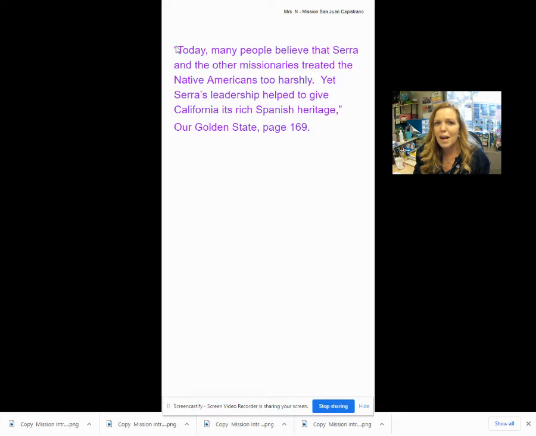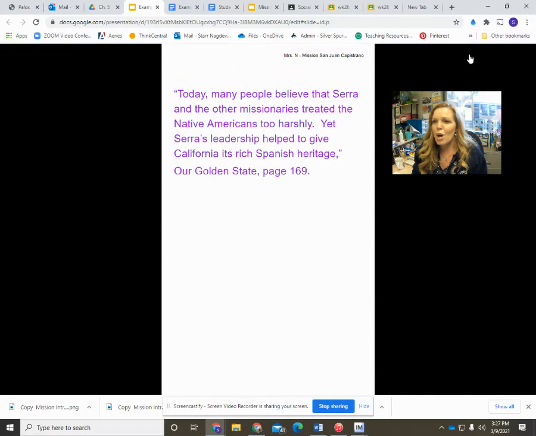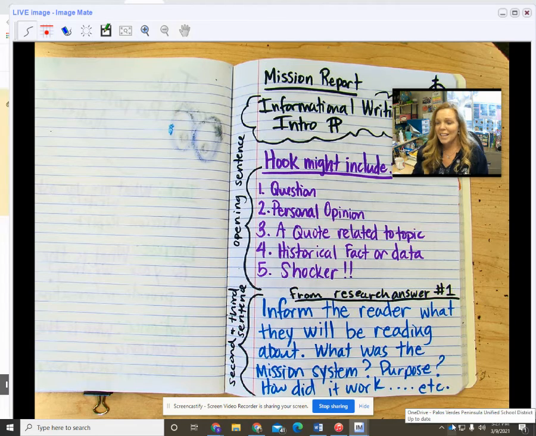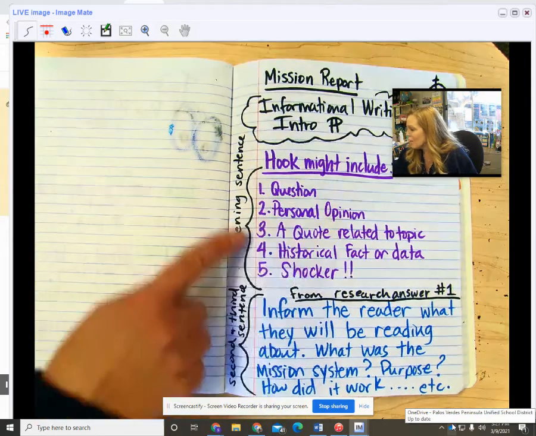Because this is directly written word for word from the textbook, I put it into quotations, making a direct quote. And at the end, instead of ending with a period, I put a comma and I put our textbook, Our Golden State, page 169. Okay, so when I return to my writing, that was my hook.